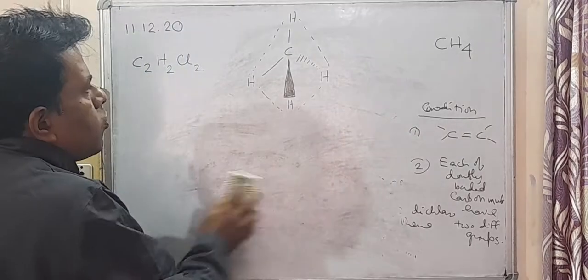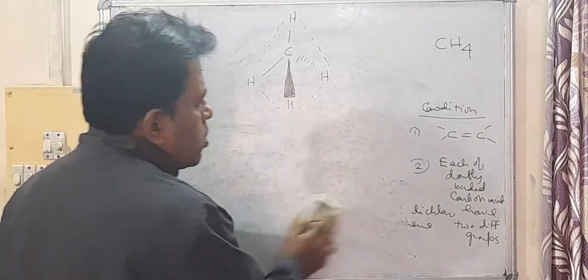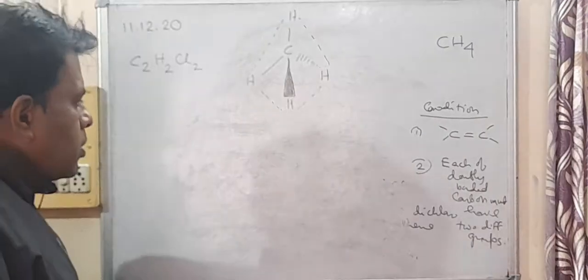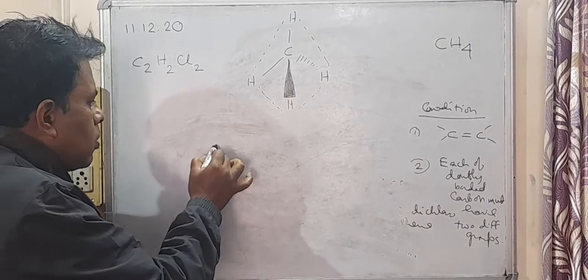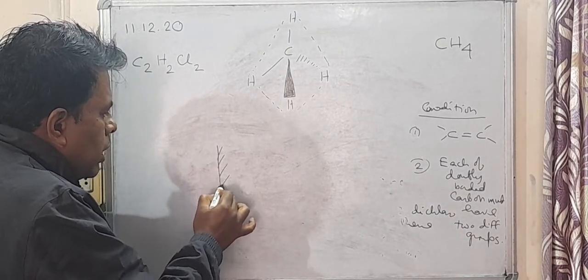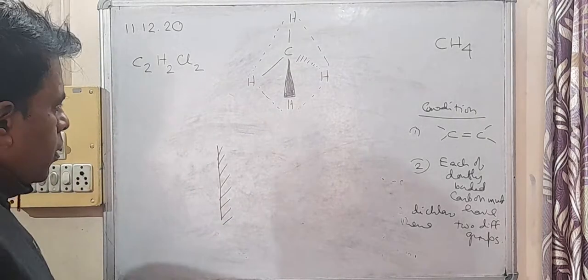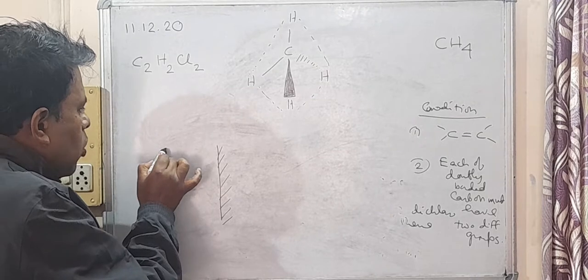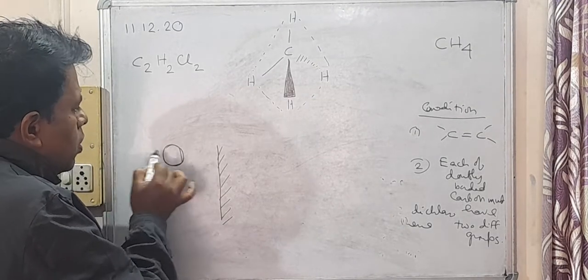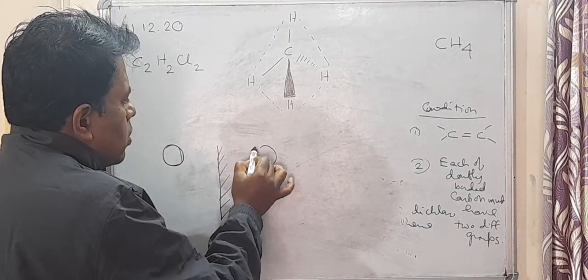Now, before I discuss further about stereoisomerism, about optical isomerism, let me talk about plane mirror and image formation by a plane mirror. Say this object O, the image will be like this.